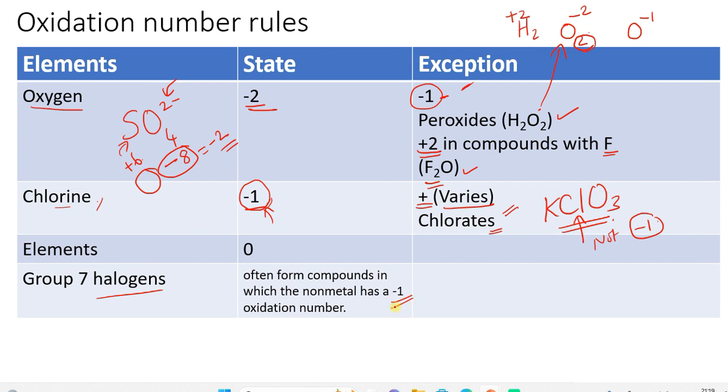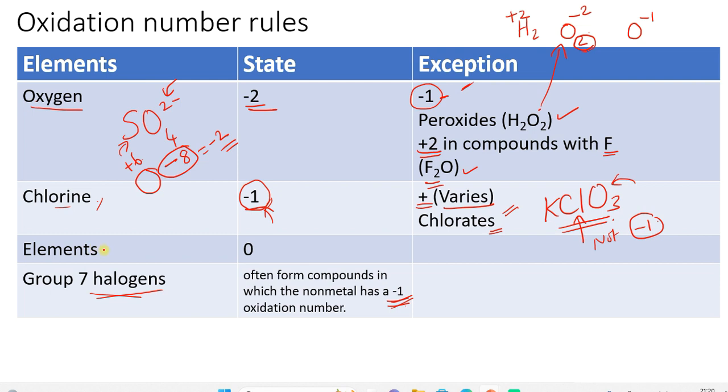With practice, you'll know why this is. Most of the time it's going to be -1, except when you have oxygen, chlorates, any oxygen atoms, so you prioritize oxygen first and then go with the halogens. The same for iodates as well. So generally you give -1 for halogens.